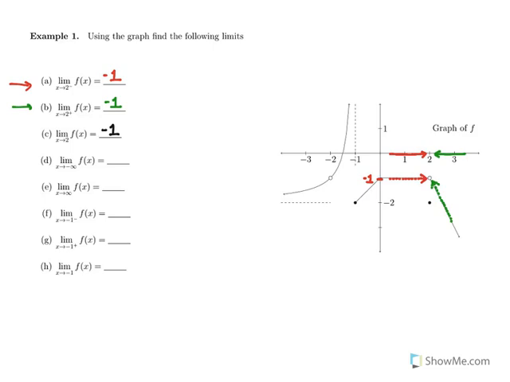All right, now let's look at the limits at infinity. So the first one is the limit as x approaches negative infinity. So that's what's happening with x getting smaller and smaller, and we are looking at the corresponding function values. And we can see that there is a horizontal asymptote here at y equals negative 2.